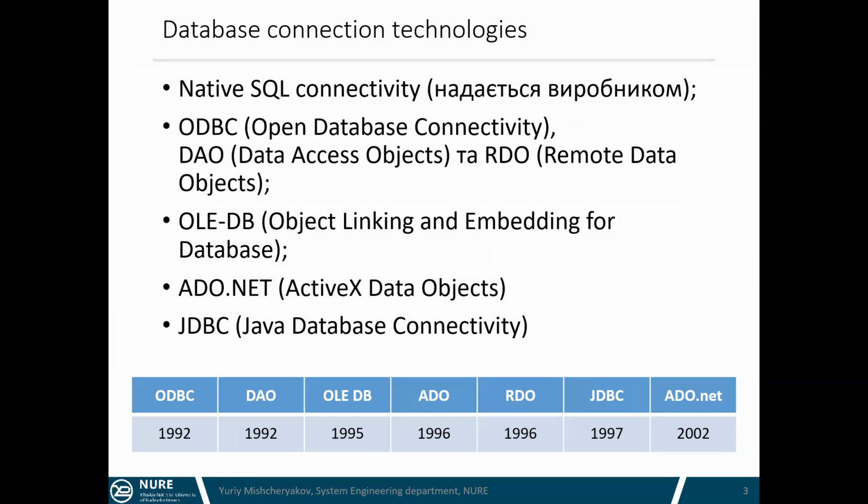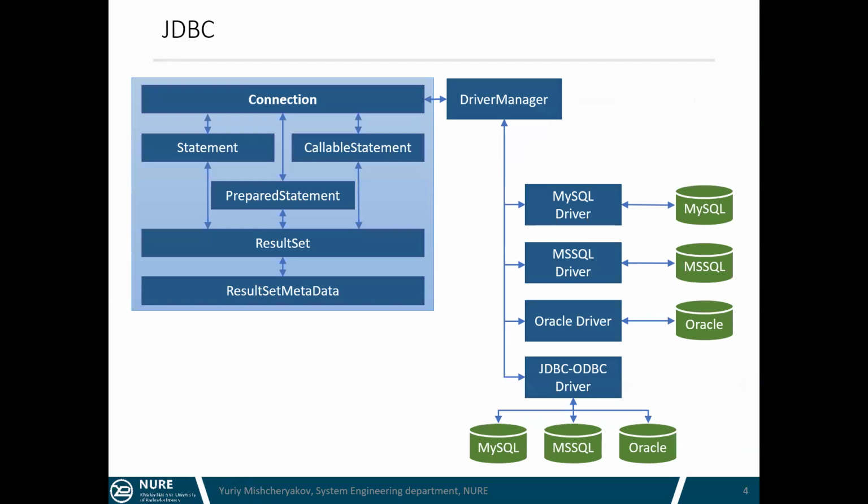Okay, how does it work? The general idea: how to use JDBC, and what do you need to do that. Firstly, we need to have the driver manager. It is the key component which allows us to get a specific implementation for the specific database.